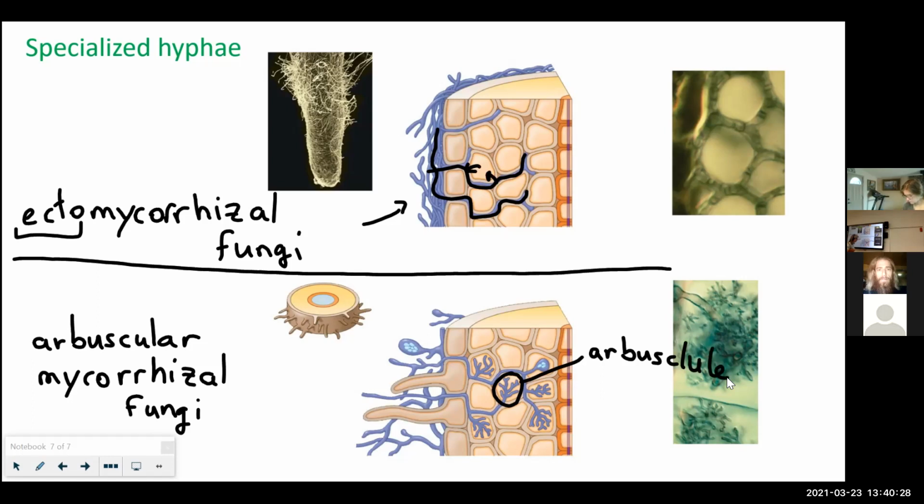Same root word as arbor, okay? They look like tiny little trees, and they poke through the root cell walls and into tubes that they form by pushing in the plasma membrane. We'll see a detail of this again in a little bit, but that's an example of a specialized hypha. Questions? All right, so that's body structure.